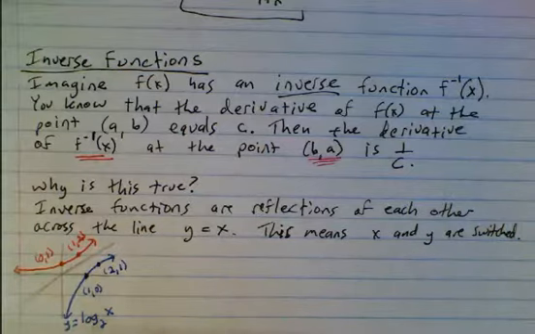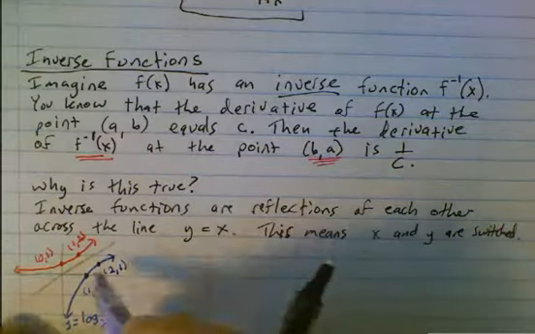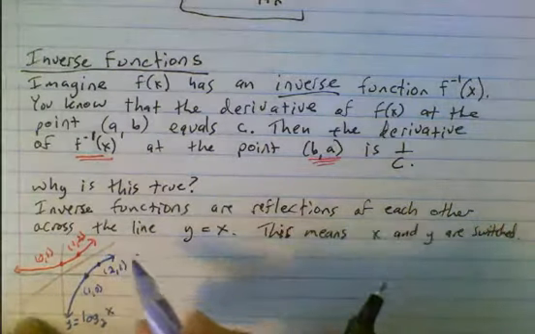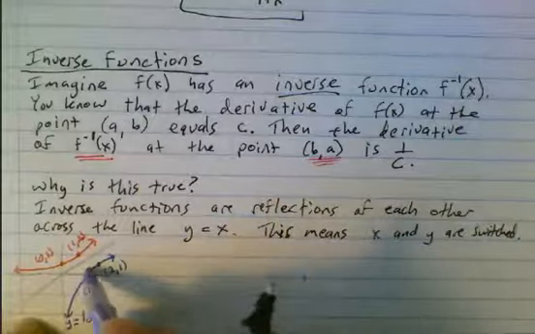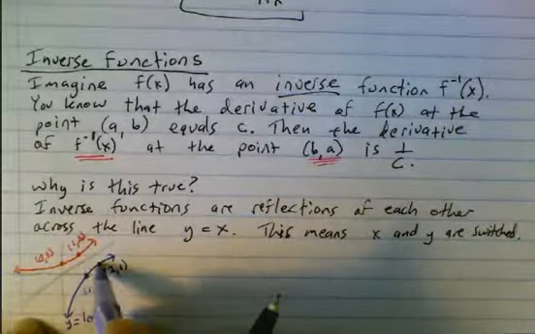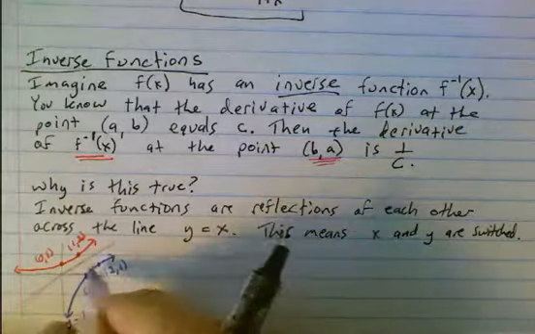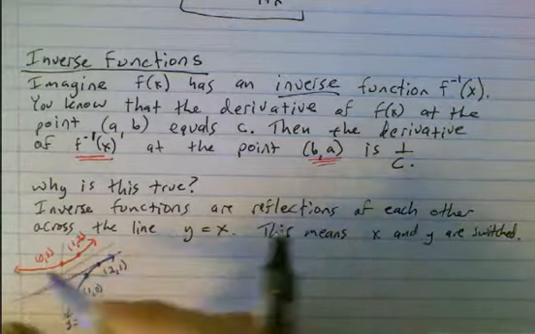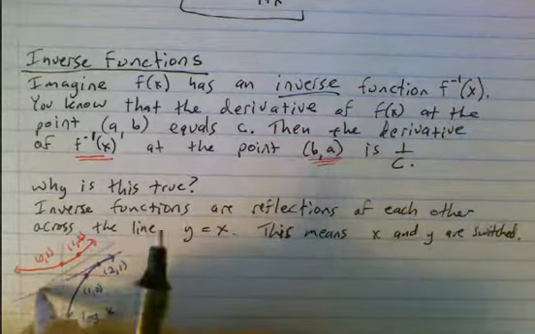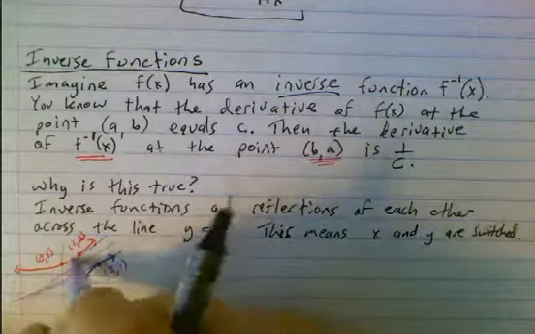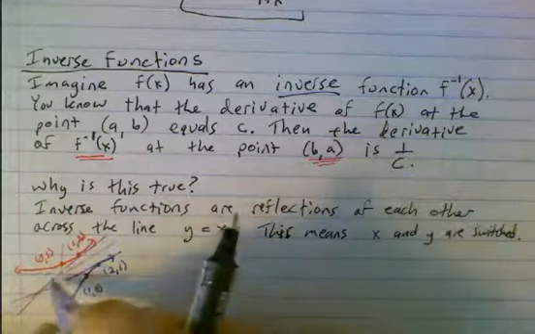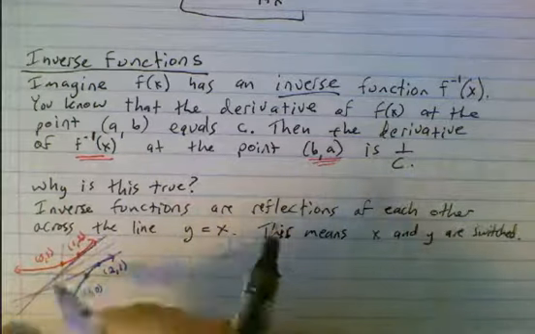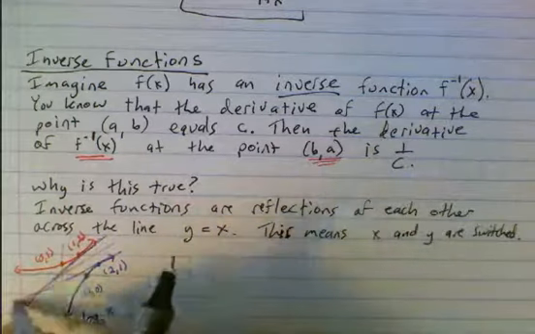And that means that when we draw the slopes of the tangent lines here, the slope here and the slope here are going to be flipped as well.